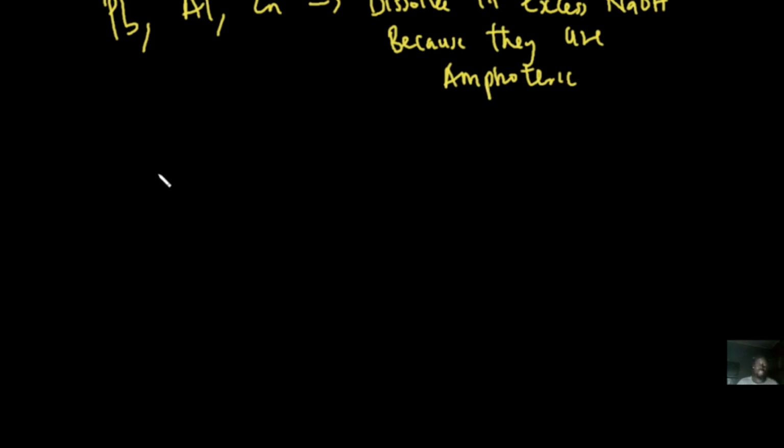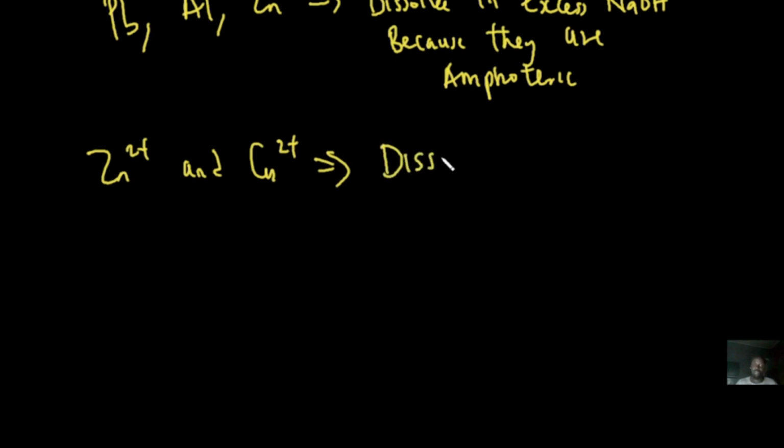Now, in the case of ammonia, there are only two precipitates that will dissolve, and that is Zn2 plus and copper 2 plus. This is simply because they form tetraamine complexes with ammonia, and those tetraamine complexes are soluble. So have that in mind, that the only ones that are soluble in ammonia are zinc and copper. So every other one will not be soluble in excess ammonia.